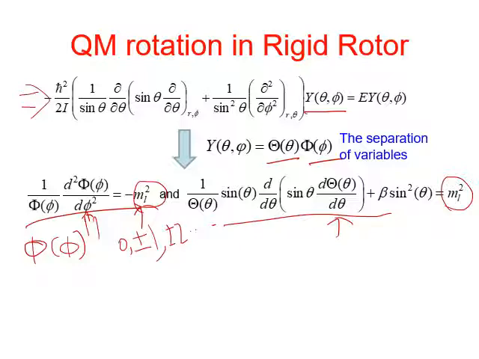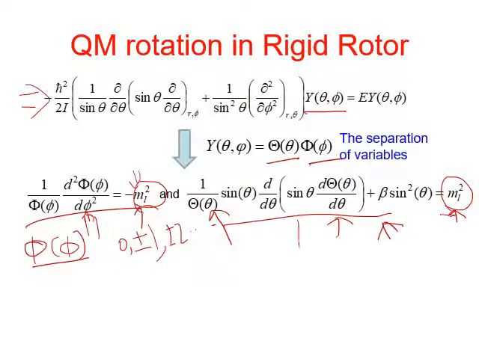In other words, a quantum number ml comes out from this equation, and so the function of phi is determined by quantum number ml. Now the right side, the second equation, already includes this ml, and therefore the function of theta must also be determined by the quantum number ml.